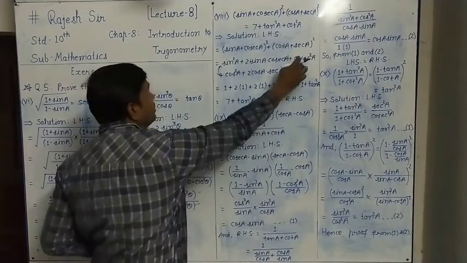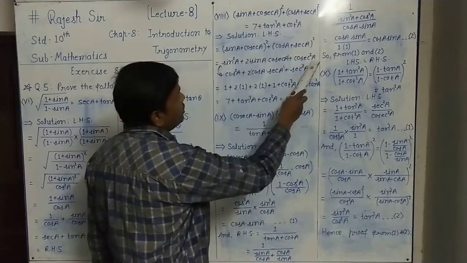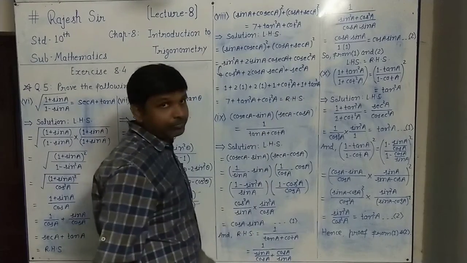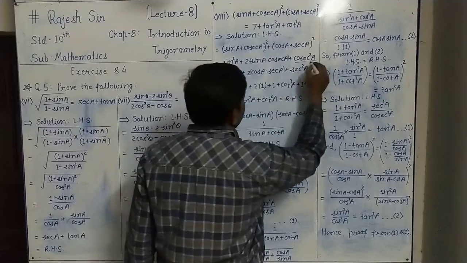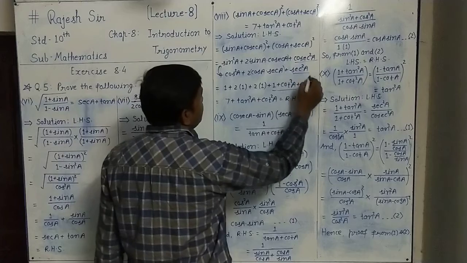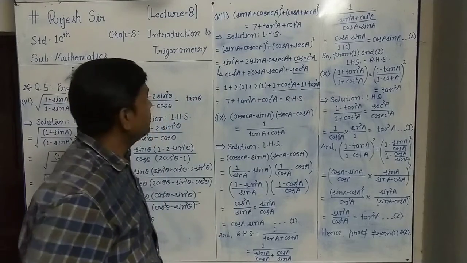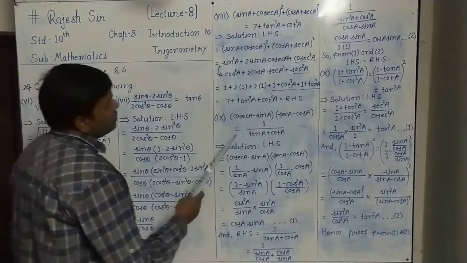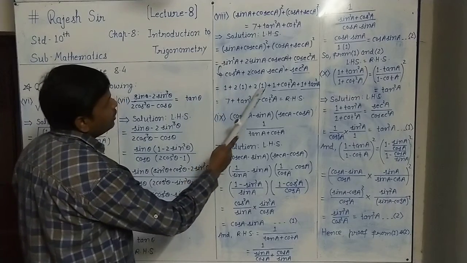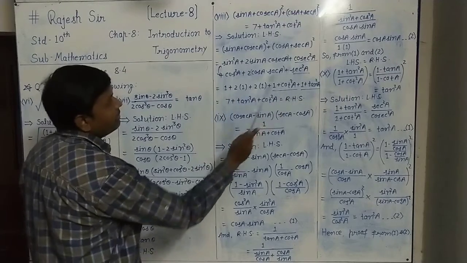For cosec square a we have the idea that cosec square a is equal to 1 plus cot square a, and sec square a equals 1 plus tan square a. These two ideas we have used. Now count all the numbers: 2 ones are 2, and 2 ones are 2. 2 plus 2 is 4, 5, 6 and 7.